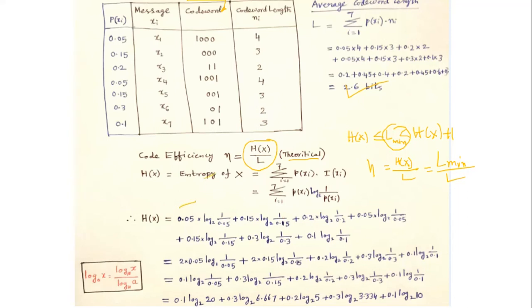So entropy of the source we can calculate using this formula. I have given steps very clearly, you can follow this. And if you want to convert this log from base 2 to base 10, you can follow this formula: log base a of x is equal to log base 10 of x divided by log base 10 of a.